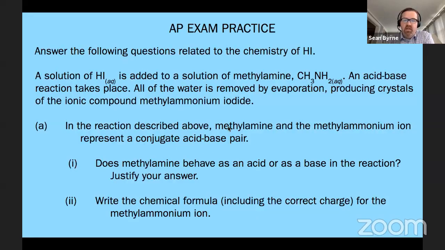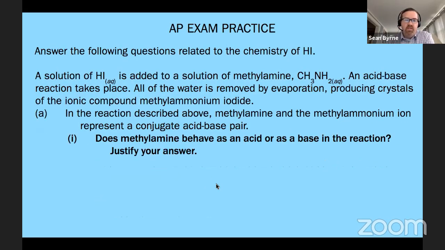Here again, we see the idea of a conjugate acid-base pair coming up for us to consider. So think about how methylamine and methylammonium behave as a conjugate acid-base pair based on what you remember from yesterday. Our question to begin with is: does the methylamine behave as an acid or a base in this reaction?